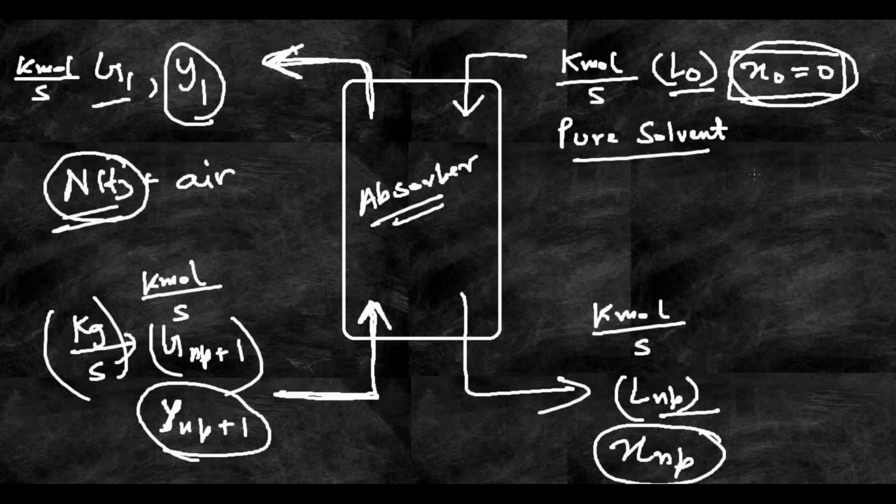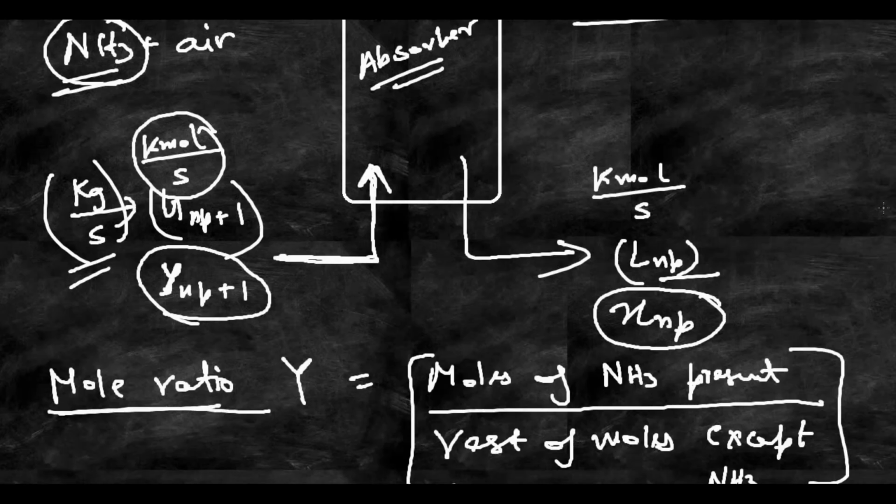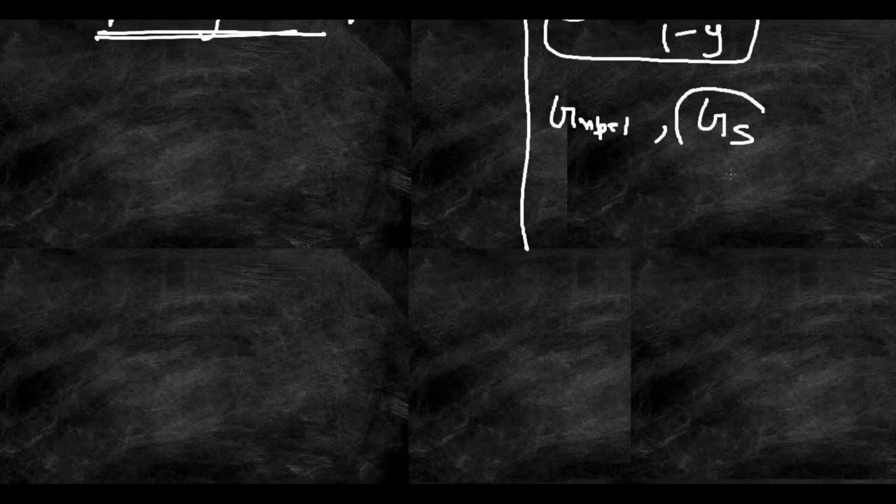So if I want to calculate this flow rate, that is kg per second or kilomoles per second, excluding this ammonia, then I need to do a mathematical modification. I know that the total rate is G(NP+1). Now in order to convert it into solute free basis, I need to represent this as Gs. What is the relationship between this solute free feed rate and this total feed rate?